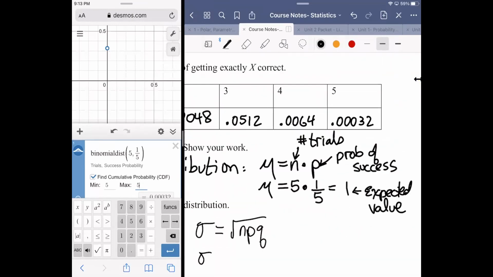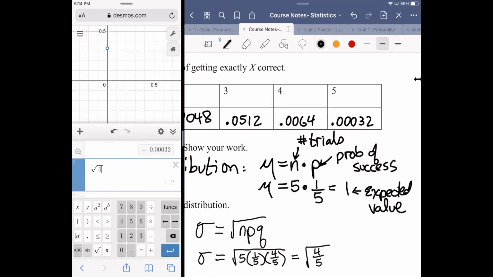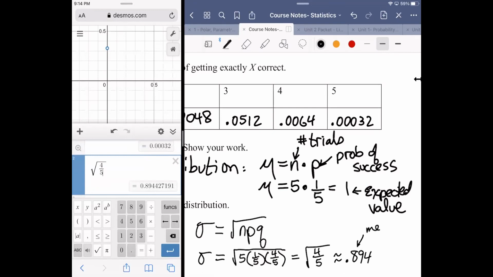So in this case, I'm taking my n, multiplying it by 1/5 for the p, the probability of getting something right, and 4/5 for the q, the probability of getting a question wrong. So 5 times 1/5 times 4/5 is going to be the square root of 4/5, which we can just crank out in the calculator. About 0.894. And so that's the measure of variation.